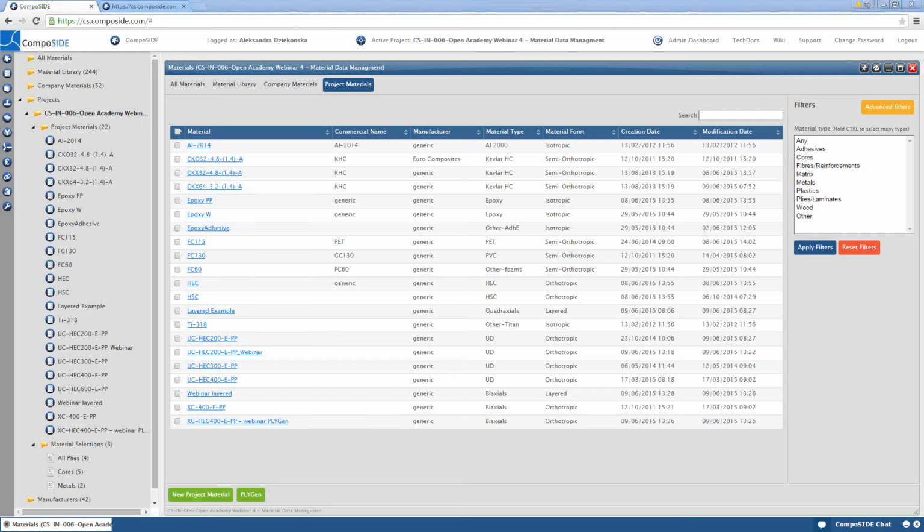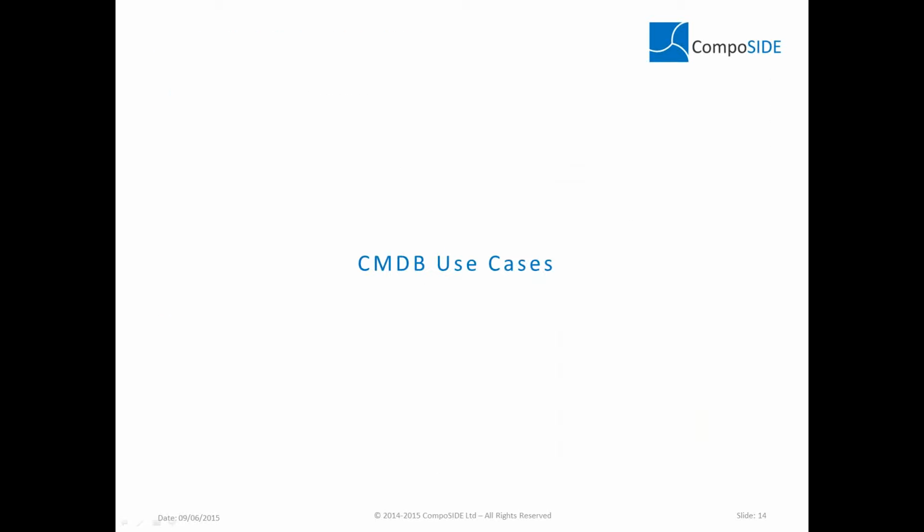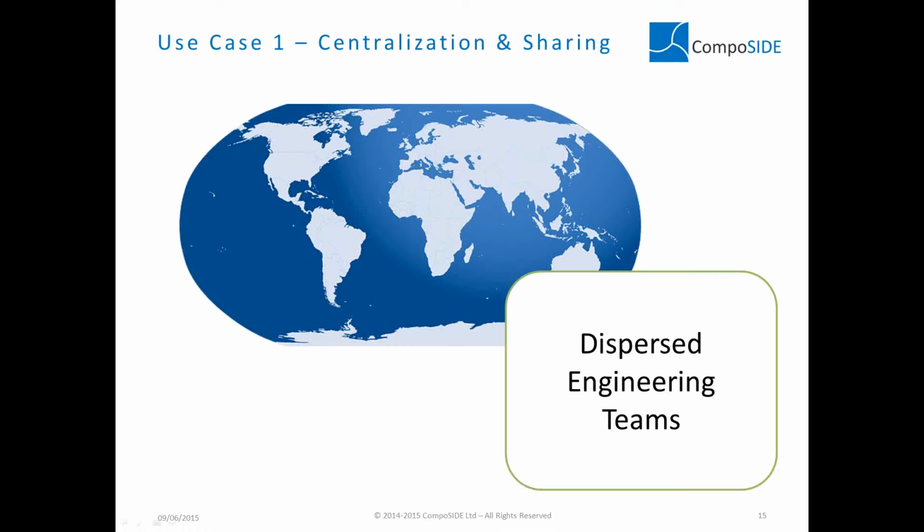Okay, I think this concludes the presentation of the functionalities in CMDB. We wanted to give you an indication of how the CMDB can be used, and this is something that I'm going to show you now. First, the user case is centralization and sharing, which is inherited from the web-based architecture and centralized databases.